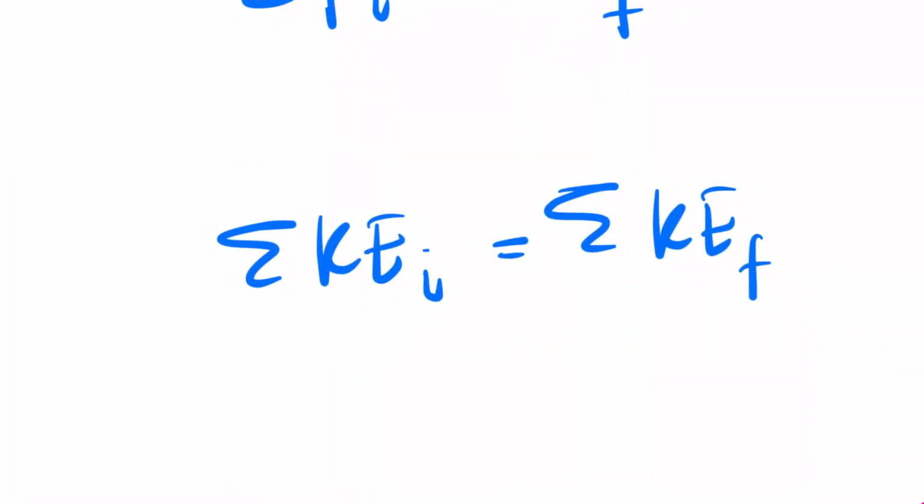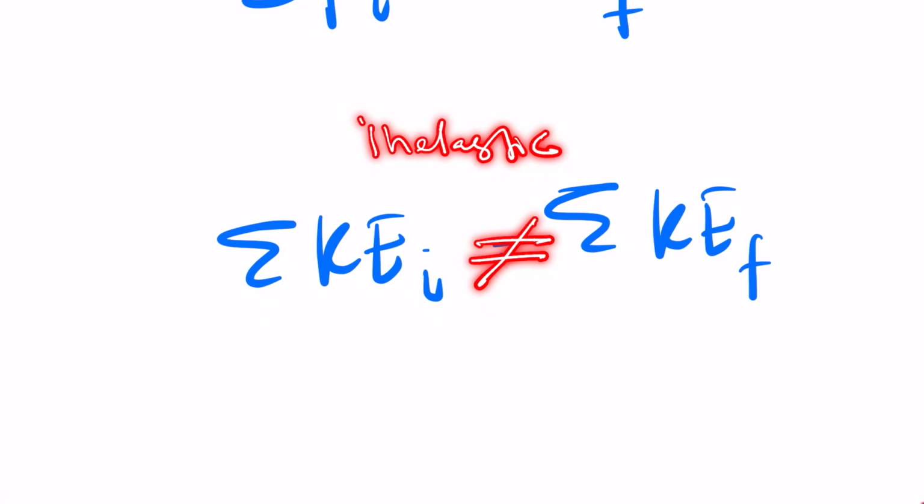If both kinetic energies are equal, then it is an elastic collision. If they are unequal, the total initial kinetic energy is not equal to the total final kinetic energy, so it is an inelastic collision. Okay, you all must understand the difference.